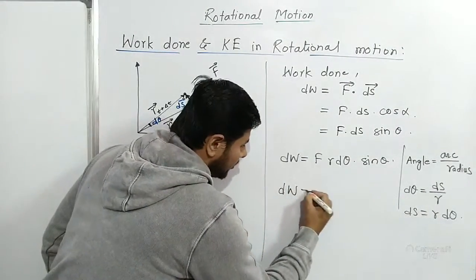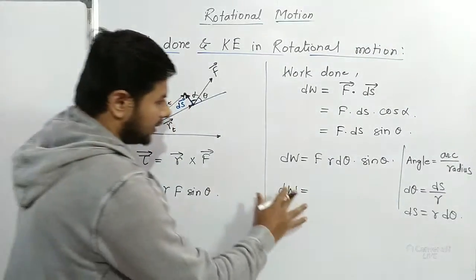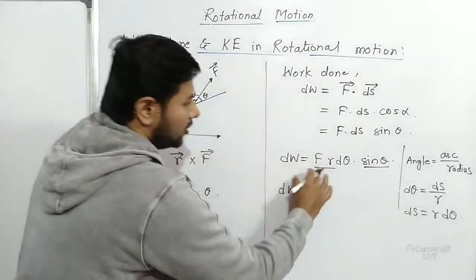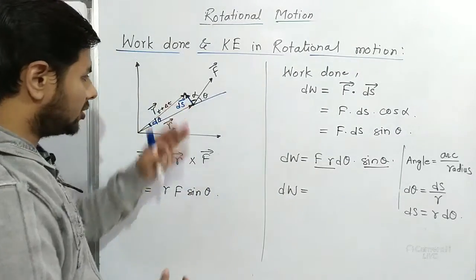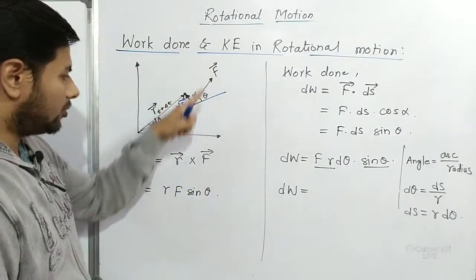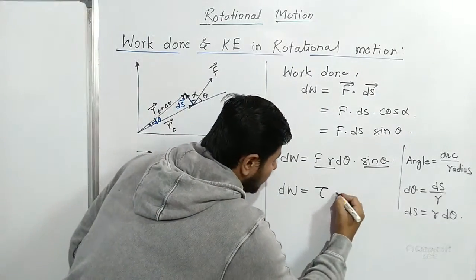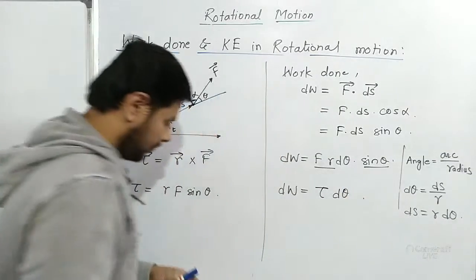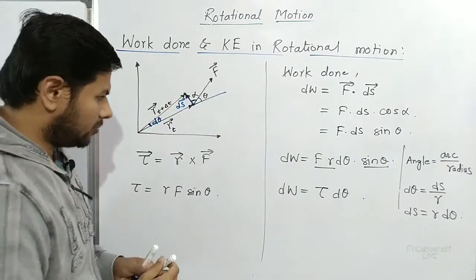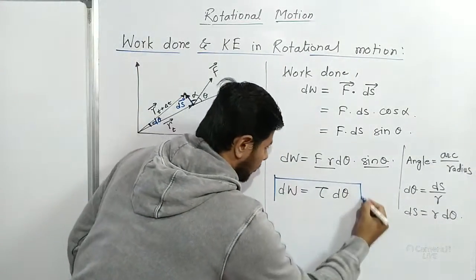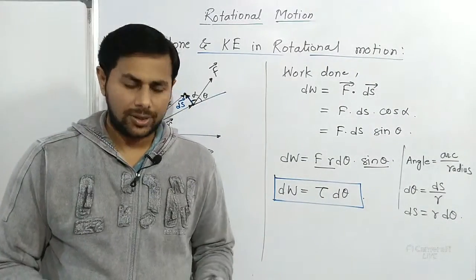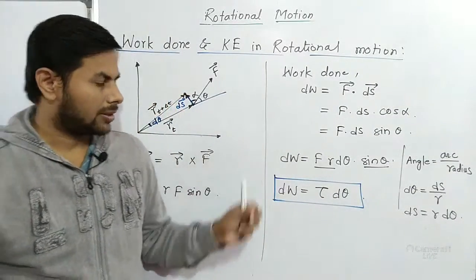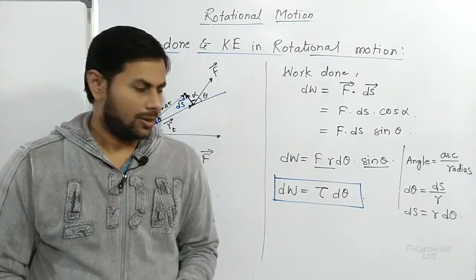So dW can be written as what? All of these give me the torque acting on this particle due to this force. So it is tau times d theta, and we got the formula for work in case of rotational motion, which is analogous to the formula for work in case of linear motion.